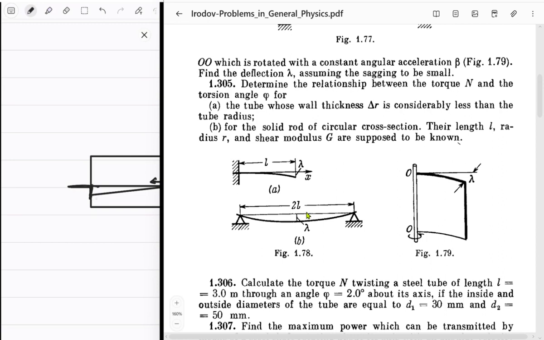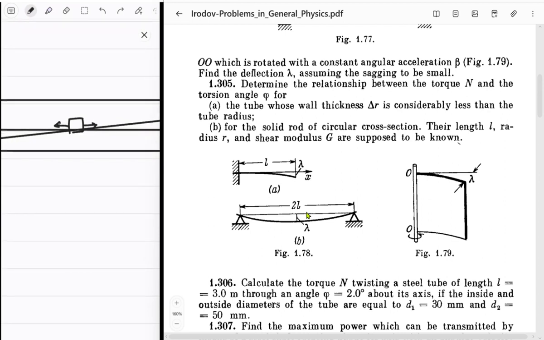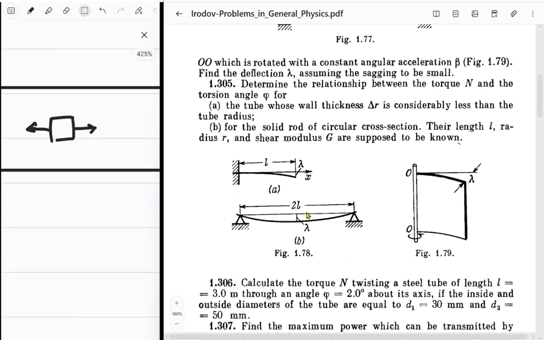So that's why I think this is not important. Then let's just forget about the tensile stresses because those are second degree terms, not all that significant. So let's forget about that.